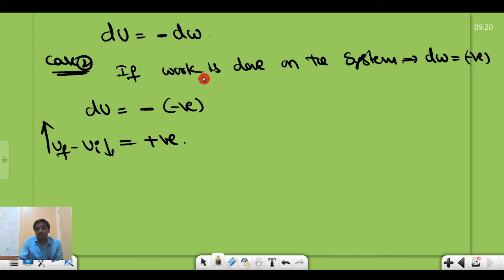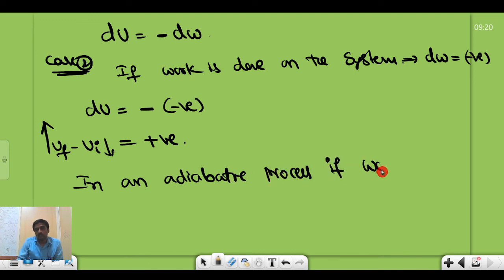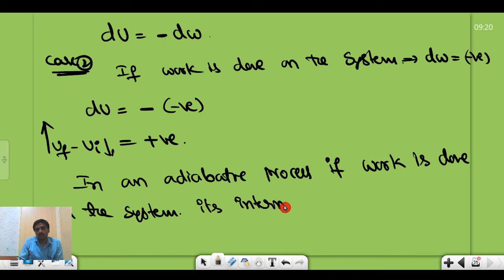The conclusion is that in an adiabatic process, if work is done on the system, its internal energy increases.